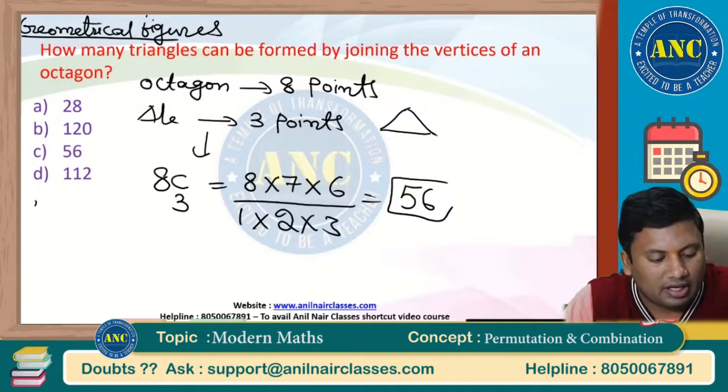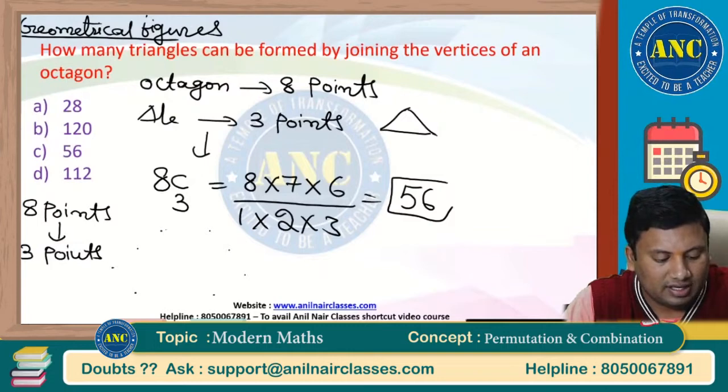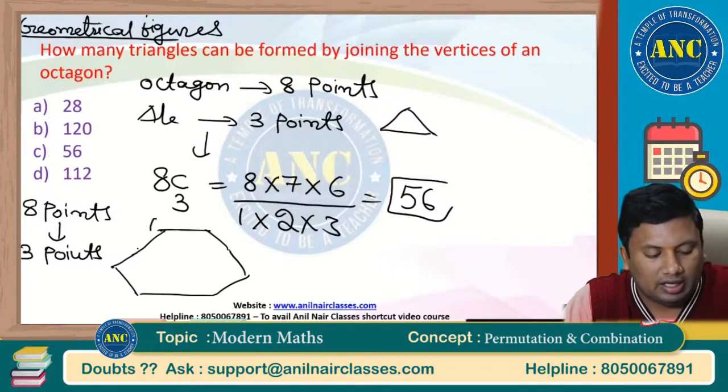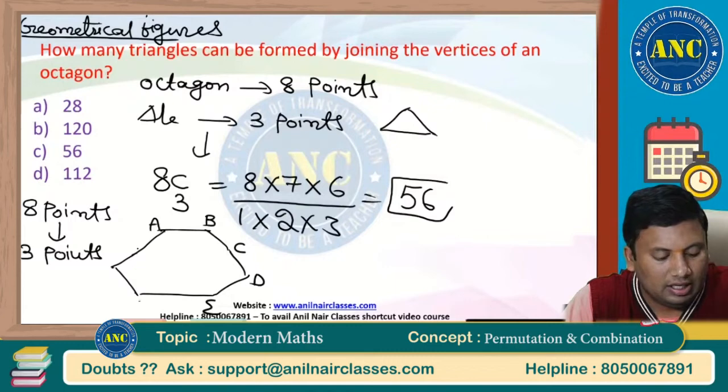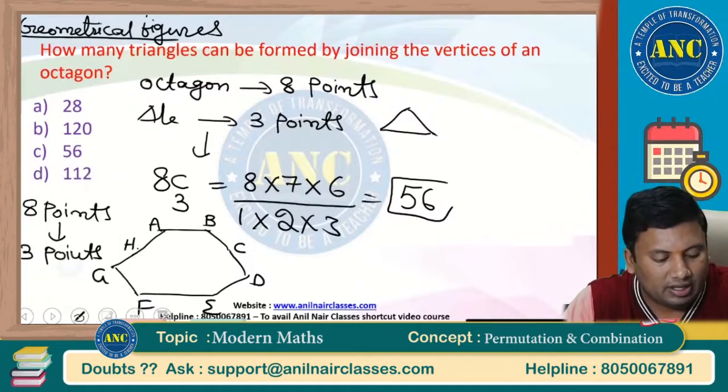So 8 points are there. To draw a triangle, I need to select 3 points. For example, 1, 2, 3, 4, 5, 6, 7, 8. This is an octagon: A, B, C, D, E, F, G and H. I need to select any 3 points.